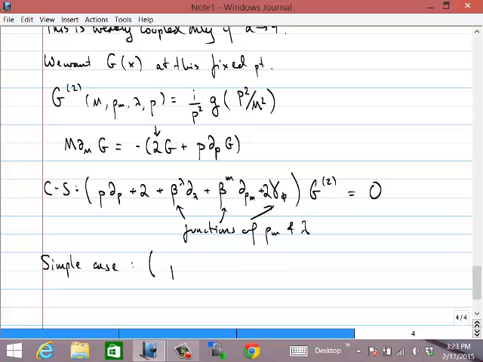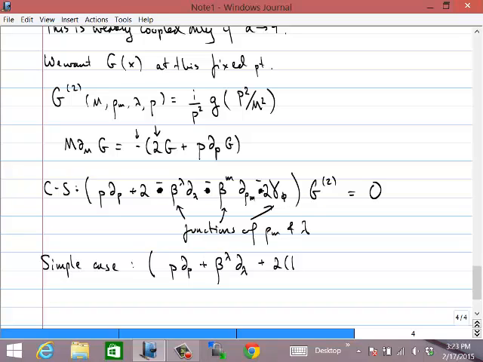So what we want to do is take p d by dp plus beta lambda d by d lambda plus 2 times 1. I got a minus sign wrong. Okay, I'm sorry, I pulled out a minus sign here. So let's see, these are all minus signs here. Sorry about that.